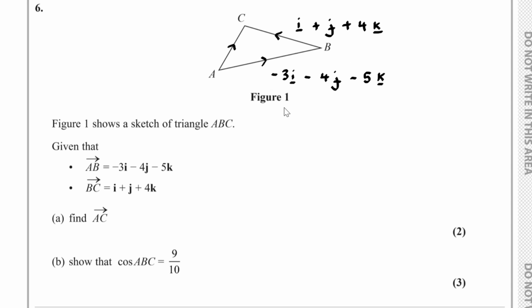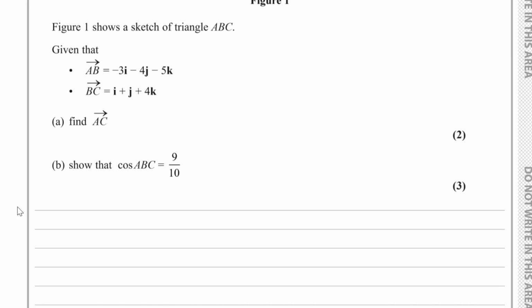The vector AC, that's equal to the sum of AB and BC. We know the vector AB, that's minus 3i minus 4j minus 5k.